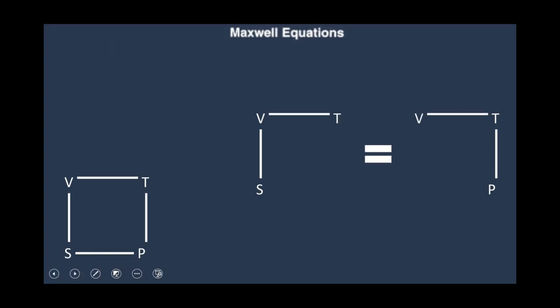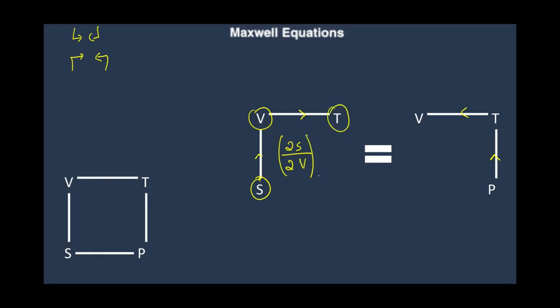Let's go to the second. Previously we have seen this one, now it is like this. We'll start from here, go and end here. Start from here, go and end here. So starting is dou S by dou V at constant temperature.